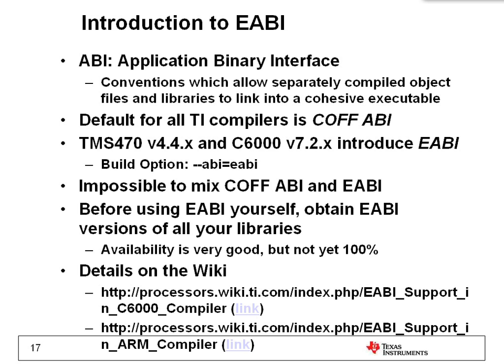And it's becoming less and less of an issue every day, but it's still something you need to take the time to check on. There are, as always, details on the wiki about things like this that are undergoing change. There's an article there for C6000 and another one for ARM about EABI. And if you want to get into that, that's the first place you ought to go.